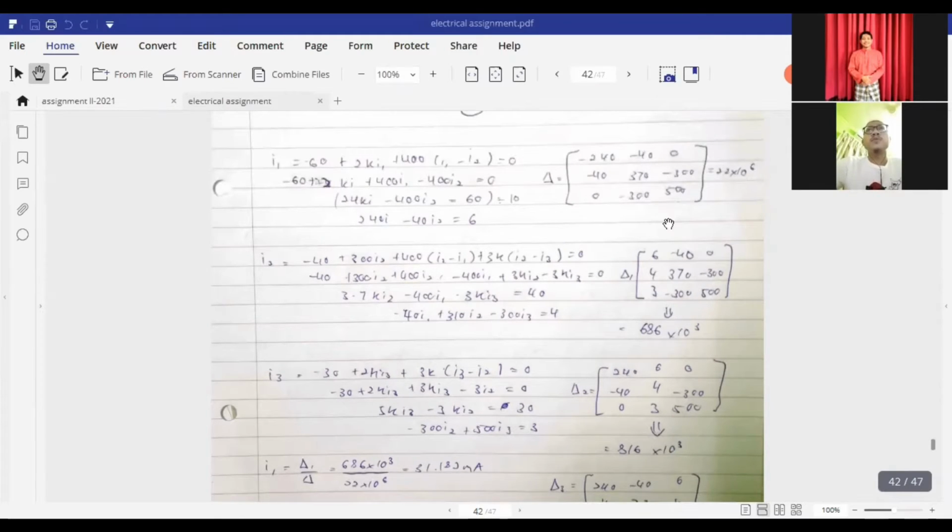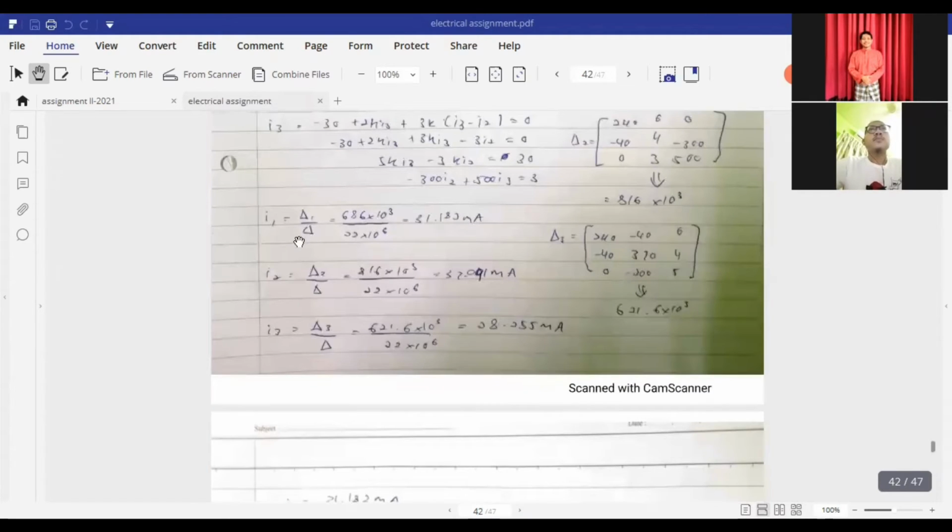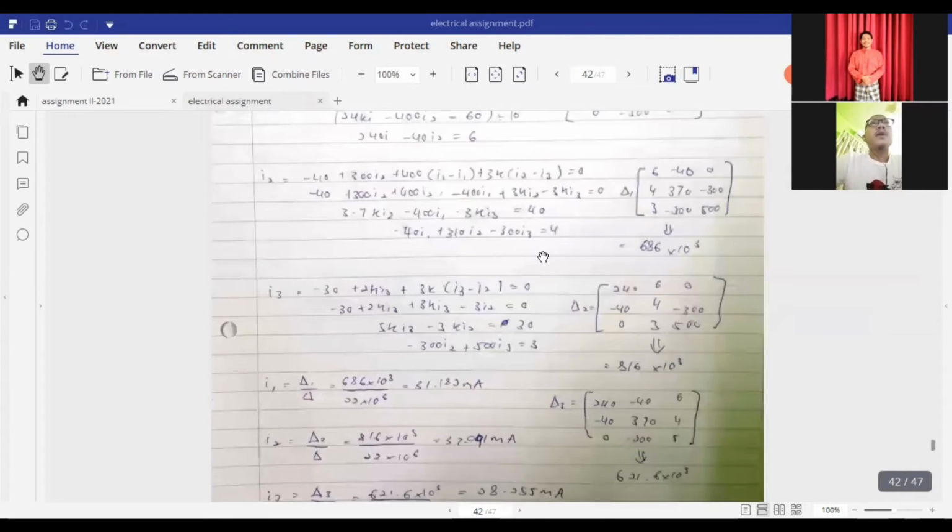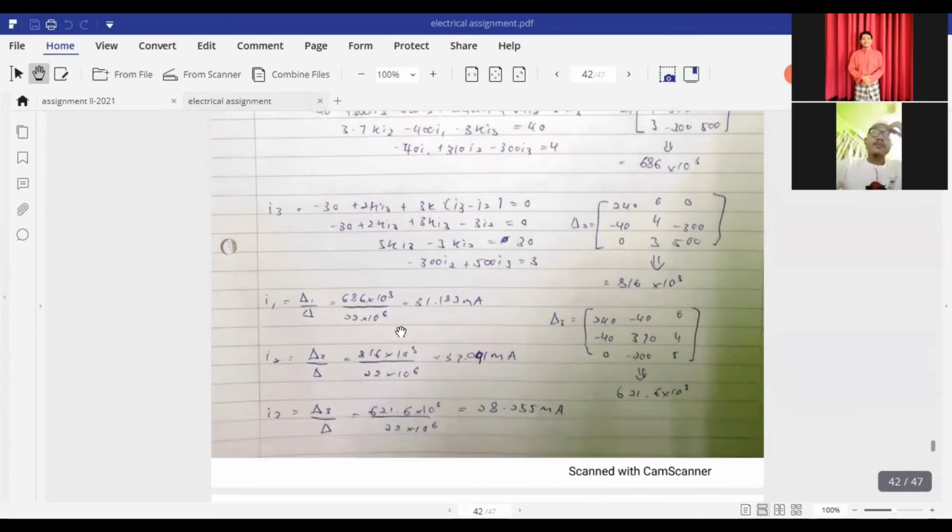We use Cramer's rule for this circuit. For the I1 we use this 1, 2, 3 Cramer's rule. We get for the I1 31.182 milliampere. For the I2 37.091 milliampere.